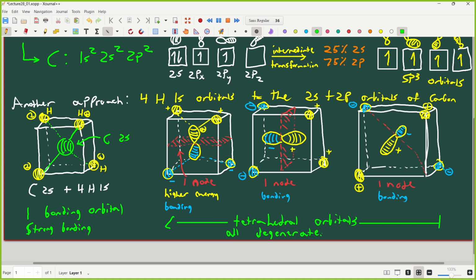All right, so here's the interesting thing. This is the thing that's very interesting about how this comes together.